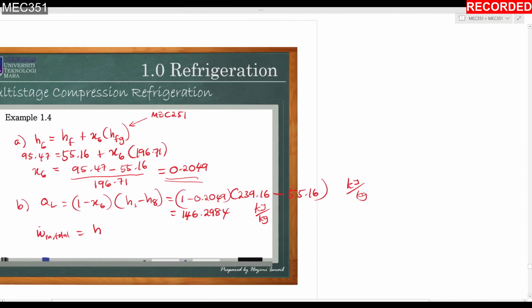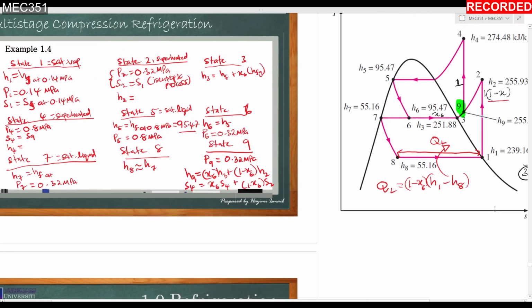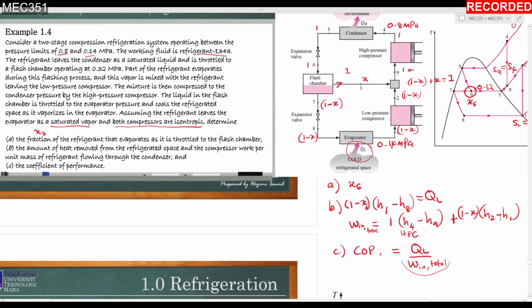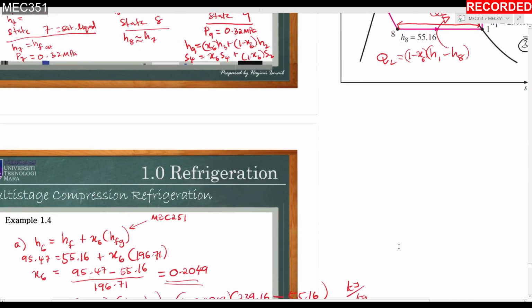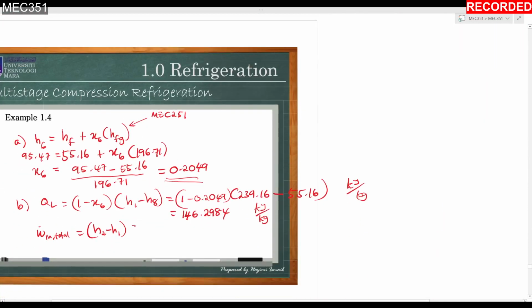Okay, H2 minus H1, but we have the fraction 1 minus x. So you have to multiply by 1 minus x. So this is the low pressure compressor.